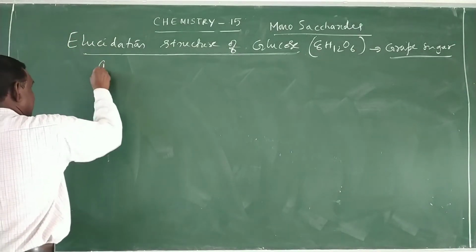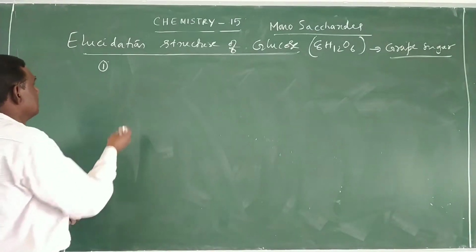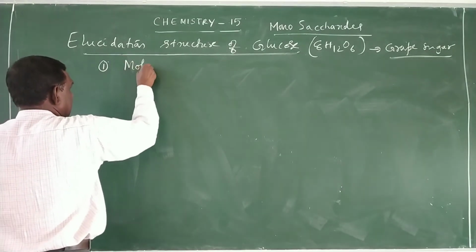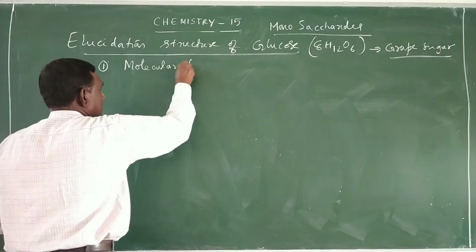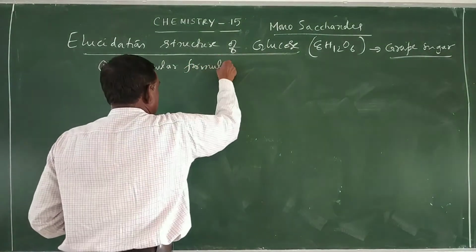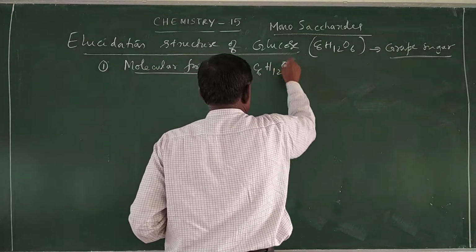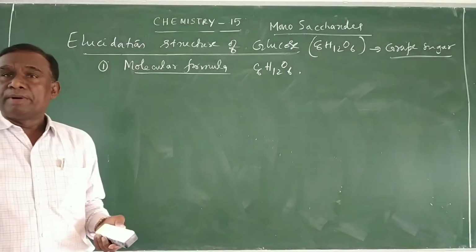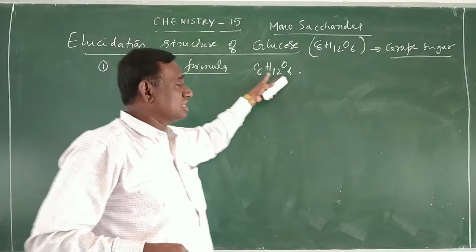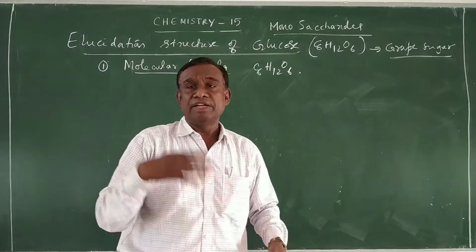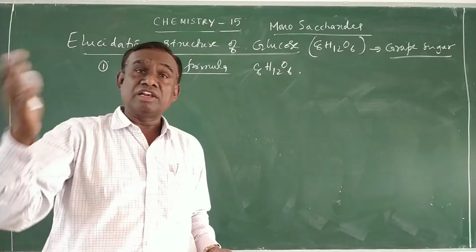That is number 1, the first one: the molecular formula. How do you get this molecular formula? The molecular formula of glucose is C6H12O6. It is obtained by percentage composition and molecular mass determination.